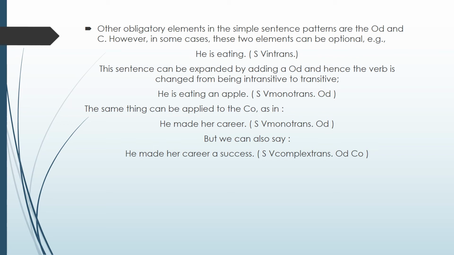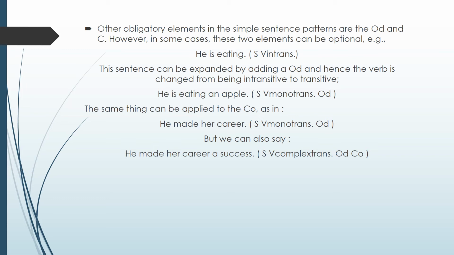Yet I can expand my sentence by adding more information to it, by adding an element that tells my listener about the thing he was eating. So I can say he's eating an apple. Here I'm adding another element to the sentence, which is what? The direct object.